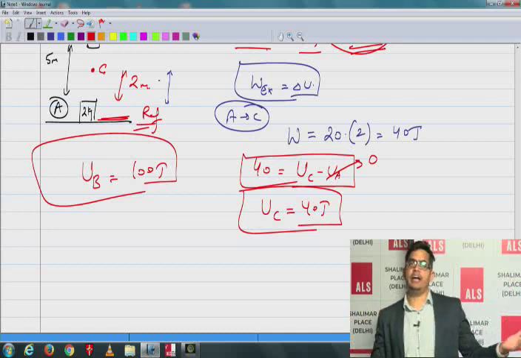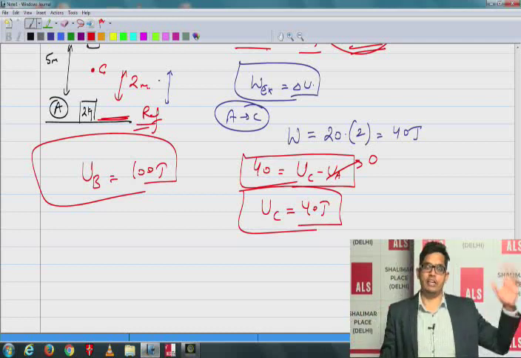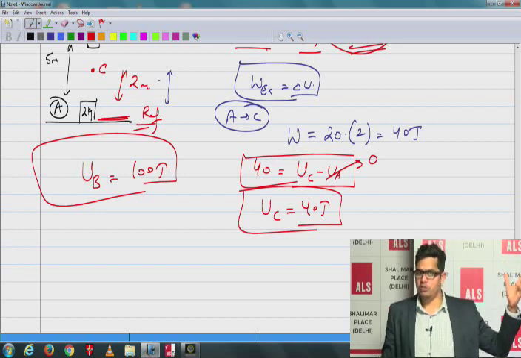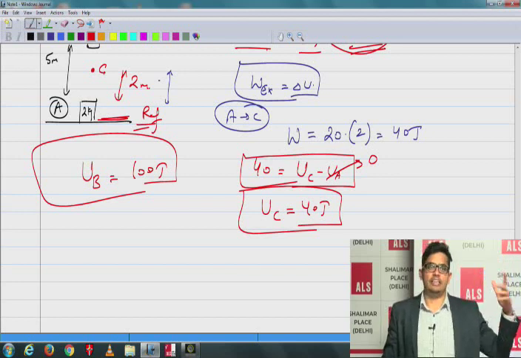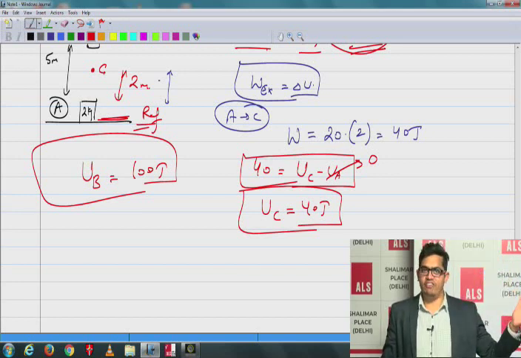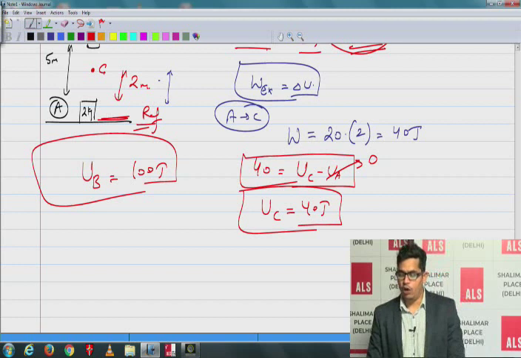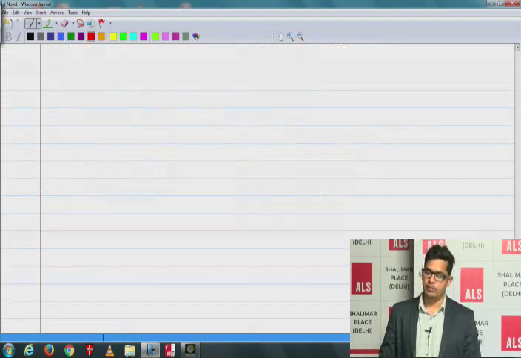That universal reference was decided to be infinity, because infinity is at such a vast distance that essentially there will be zero effect of anything at that point, because it is very, very far away. So generally, we have defined zero potential energy at infinity.